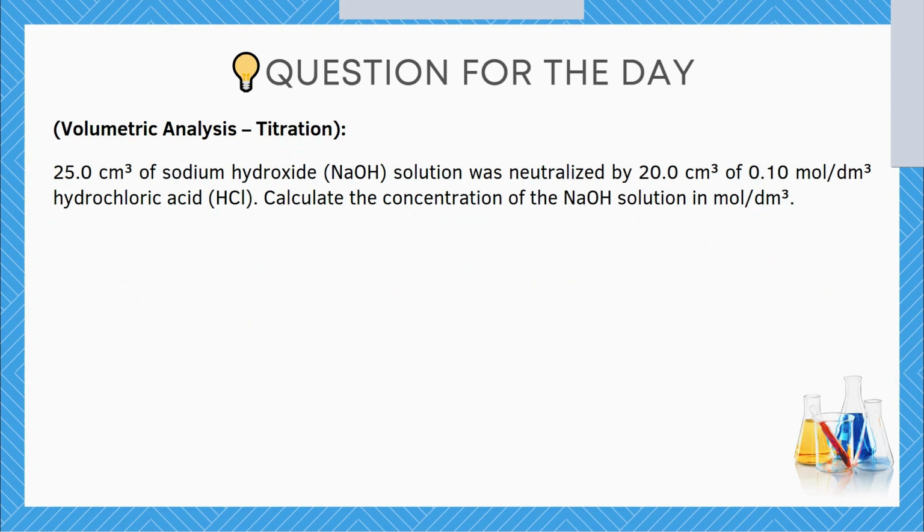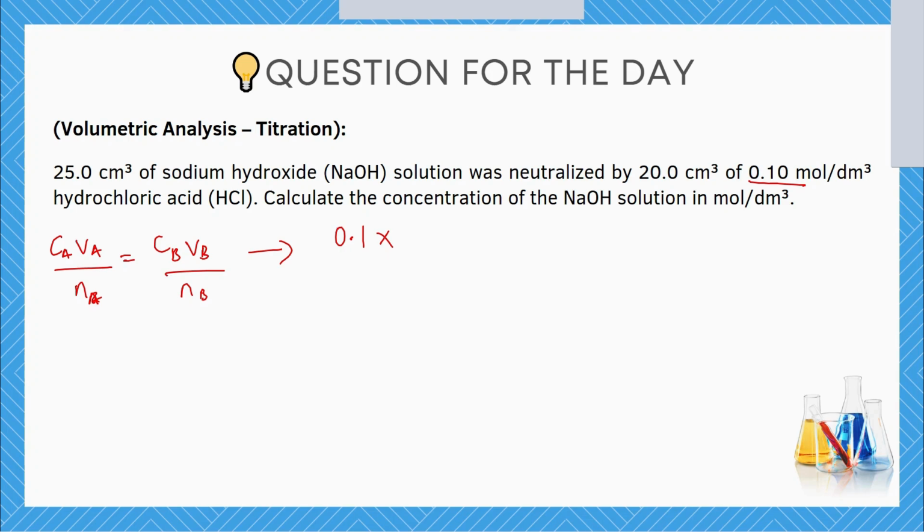So we have Ca Va all over Na is equal to Cb Vb all over Nb. What is Ca? Ca stands for the concentration of the acid, and from here we were told that is 0.1 moles per dm cube. So this becomes 0.1 times Va, which is the volume of the acid.